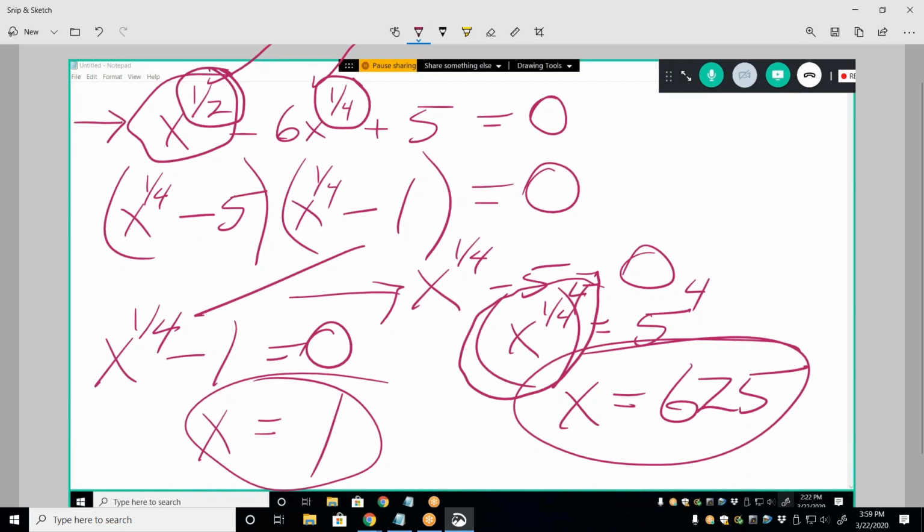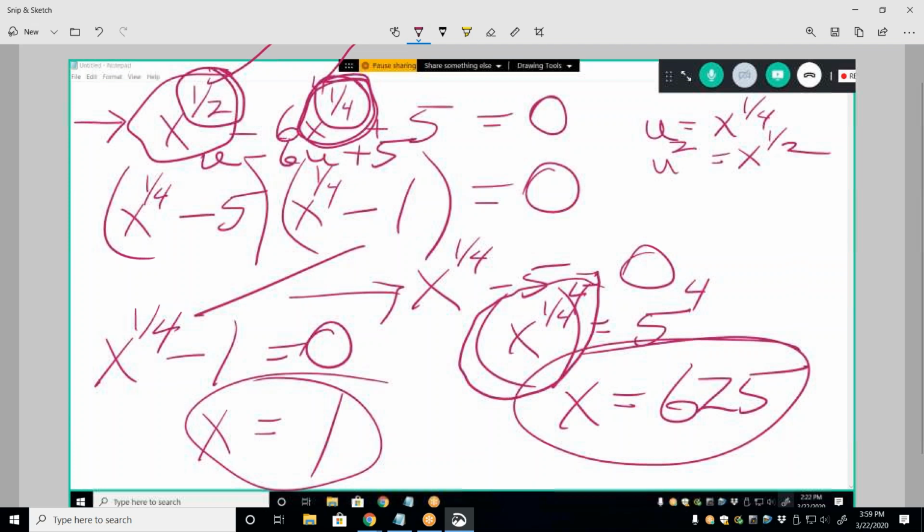If I was going to use U-substitution here, I would let U equal always the middle term. It's always whatever that is what U is. And then U squared is x to the 1/2, and this whole thing becomes U squared minus 6U plus 5, which you can factor easily, and then you go back and do it the way I did the other one first, and you'll get the answer.